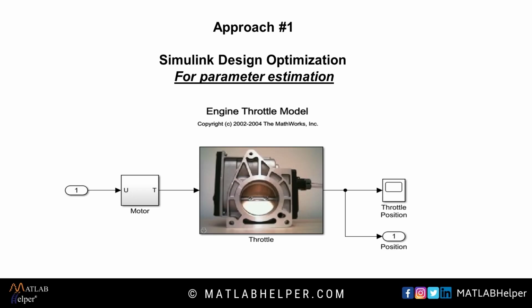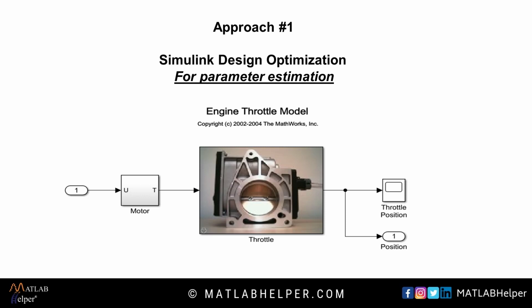So, for this first approach, we are using this model in Simulink, which includes two subsystems. The throttle system controls the flow of air and fuel mixture to the engine cylinders. There is a butterfly valve that opens when a driver presses the accelerator pedal.